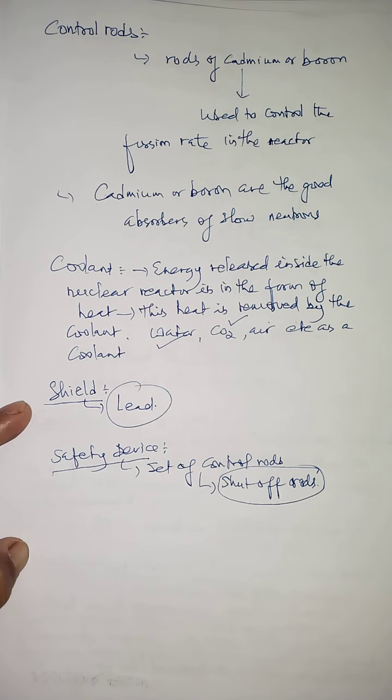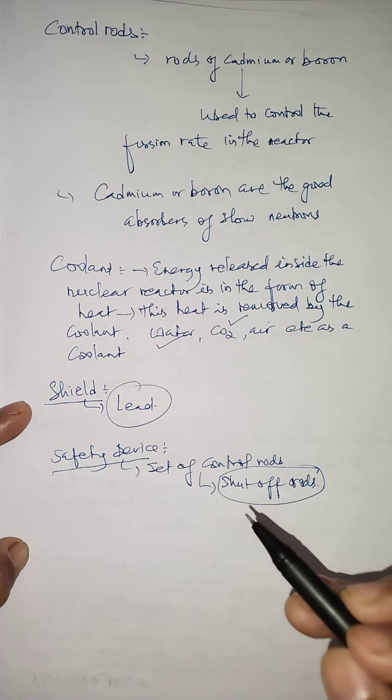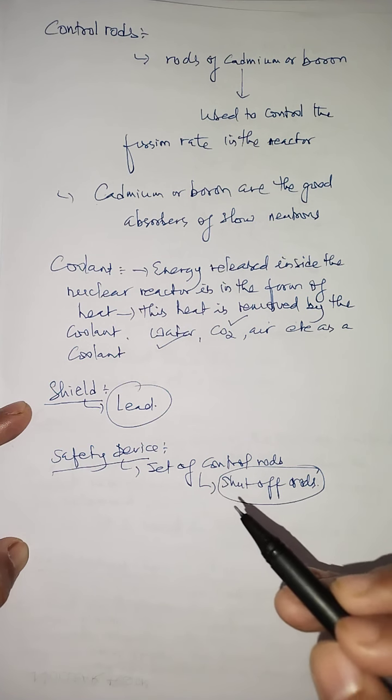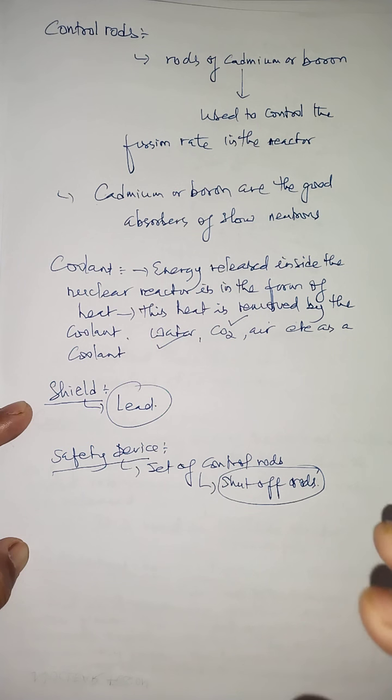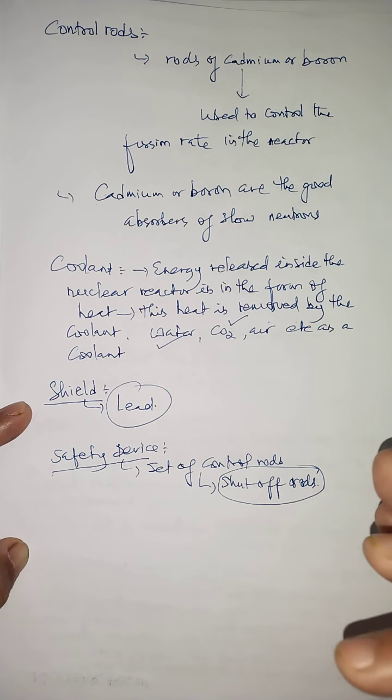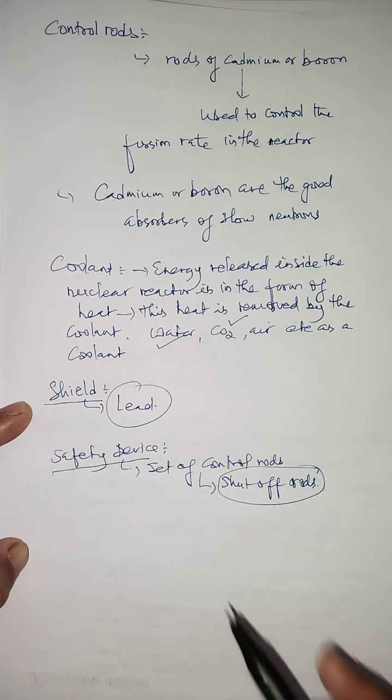One of the main advantages of this rod is that it immediately absorbs all the neutrons produced in the nuclear reactor, so that the chain reaction stops entirely and immediately. That's why a nuclear reactor consists of this device called safety device also.